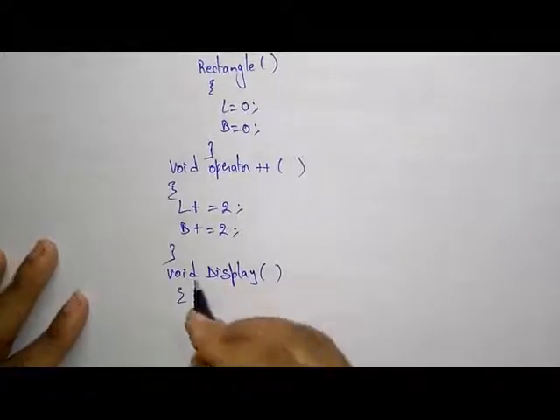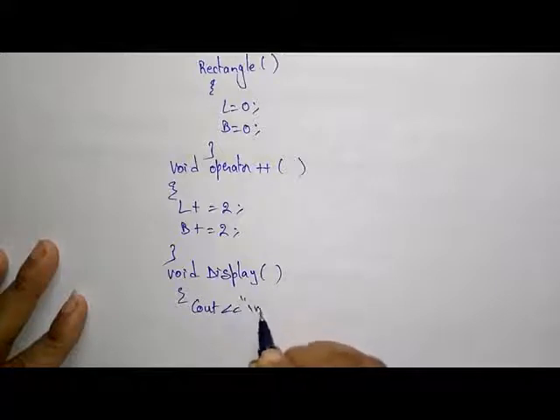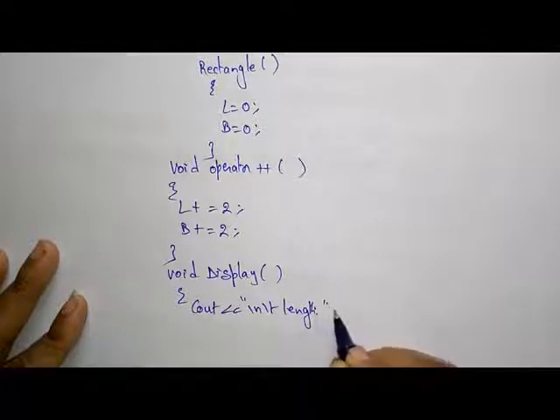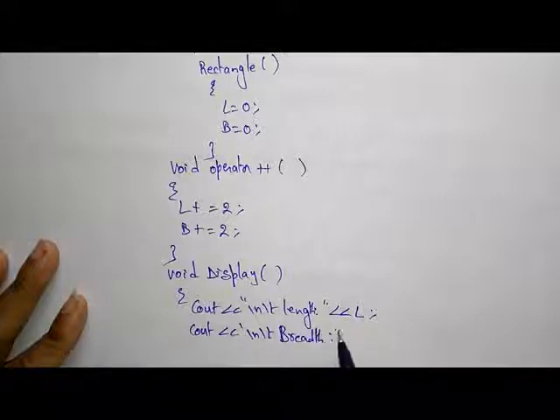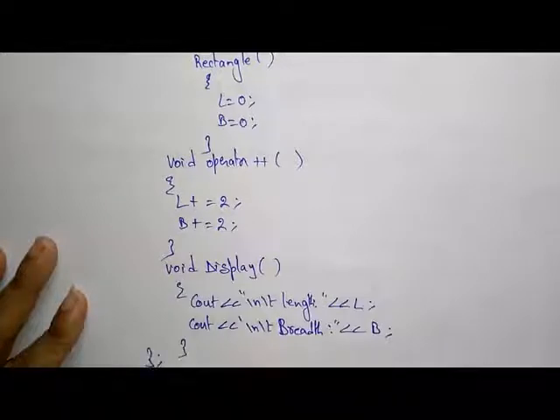Now I'm printing the values: cout length, print the L value, cout breadth, print the B value. So close the class.